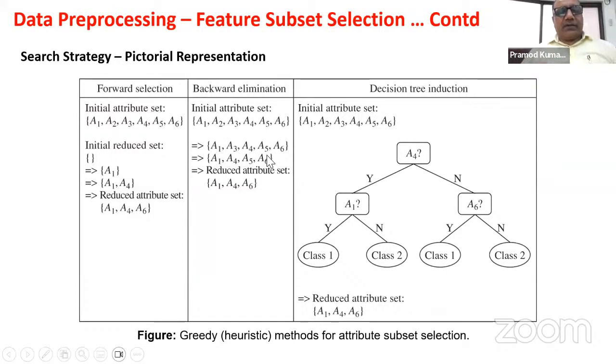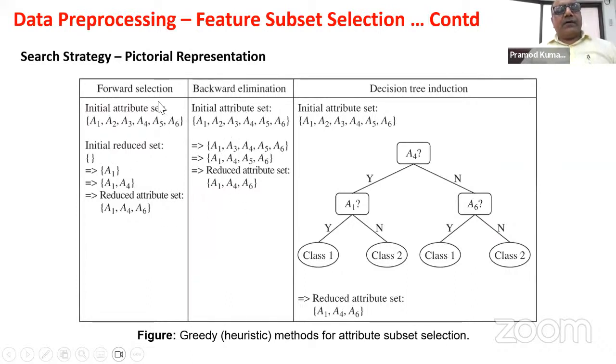So this is another subset. We will test whether this is good or bad. After that, we see that the A5 is the next worst after the A3. So in the next step, the A5 will be eliminated, and then the leftover will be the A1, A4, A6. So this is how the forward selection goes, and this is how the backward elimination goes.